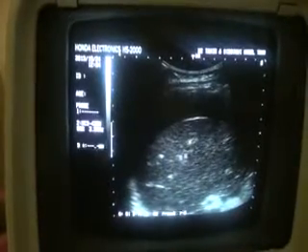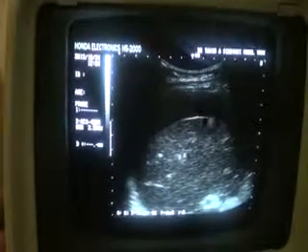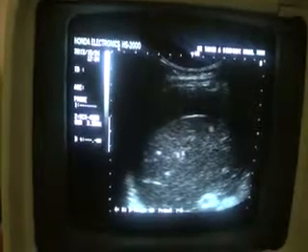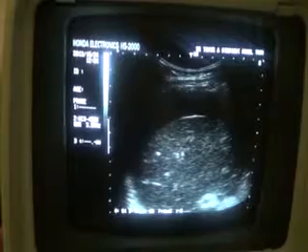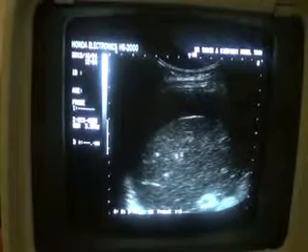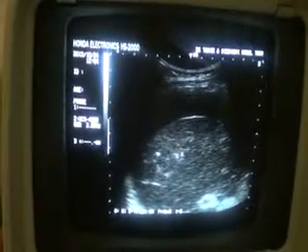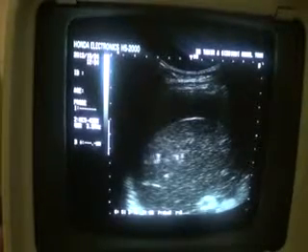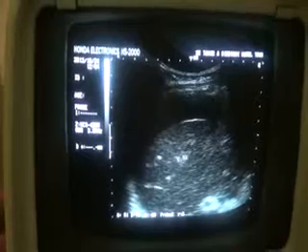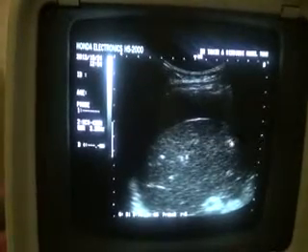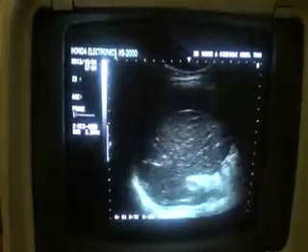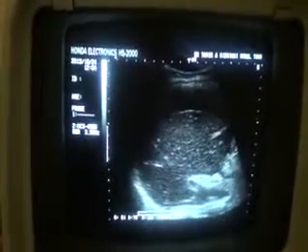The outer surface of the liver is smooth, so it is not a cirrhotic liver, but the echogenicity of the liver has gone down significantly. The reason is that you can see these tiny tubular structures, the minor portal vein radicals, which are normally not seen in a normal liver. So this is the status of the liver.